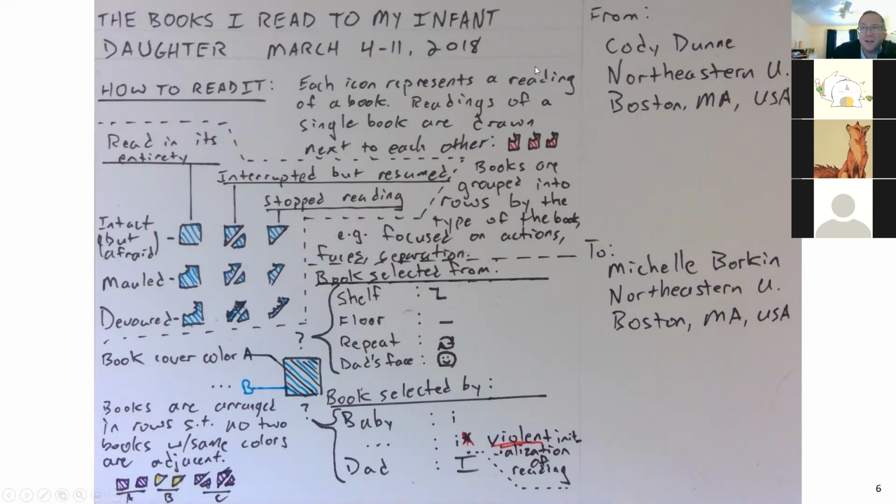This is Cody reading to his infant daughter on a particular week, and each of those books represents a single book that was being read. He read a lot of books, it seems. The book was selected by the baby, the dad, or violent initialization of reading. As in, started screaming and wanted to be read a book, I presume.